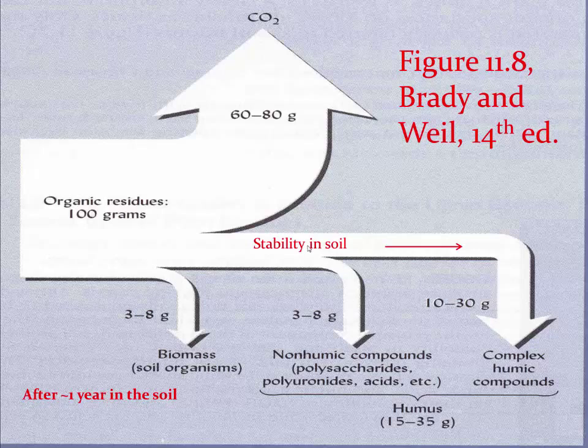The material that breaks down and becomes stable in the soil is going to make up the humus, and that's going to be 15 to 35% of the soil. And it's made up again of, I think we said 30% of that humus is going to be the easily broken down material. That's not going to last very long, but the material that's more complex, the polyphenols, the lignin, and the biochar, that's going to last a lot longer, and that makes up about 70%.